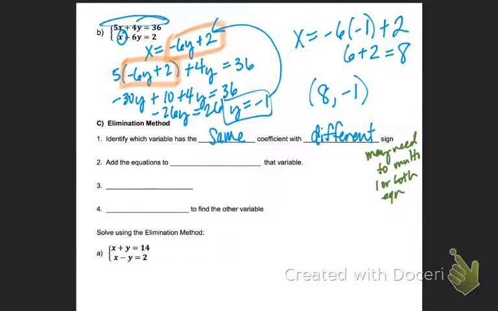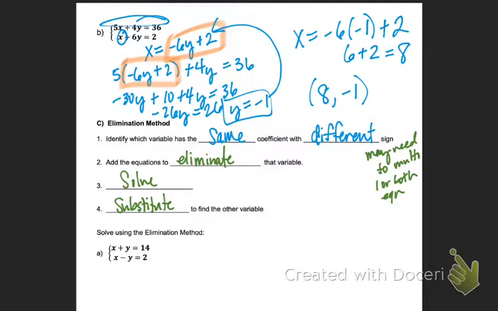Even if they don't have the same coefficients, you're at least looking for a common multiple, like a 2 and a 4, or 4 and an 8, or 3 and 6, something where they are multiples of each other and you're able to multiply one of the equations to get to the other one's coefficients. Then you add the equations to eliminate that variable. Then you solve, and then you substitute back in to find the other variable.